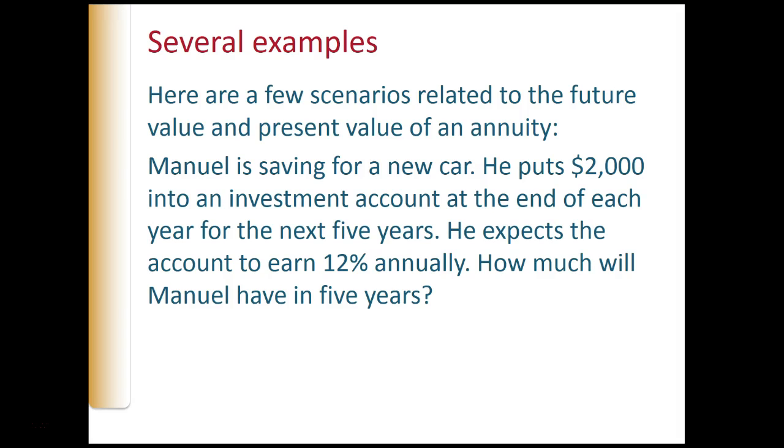Manuel is saving for a new car. He puts $2,000 into an investment account at the end of each year for the next 5 years. He expects the account to earn 12% annually. How much will Manuel have in 5 years? We're looking to find the future value.